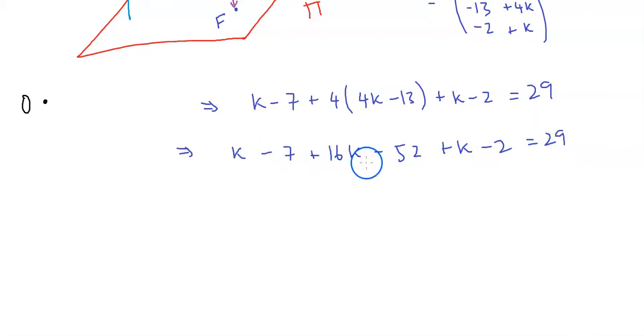And then, I guess, 18k in total on this side. And then let's move everything to the other side. So 29 plus 2 makes 31, plus 52, that would be 83, plus 7 makes 90. And so I guess that means that k is equal to positive 5.